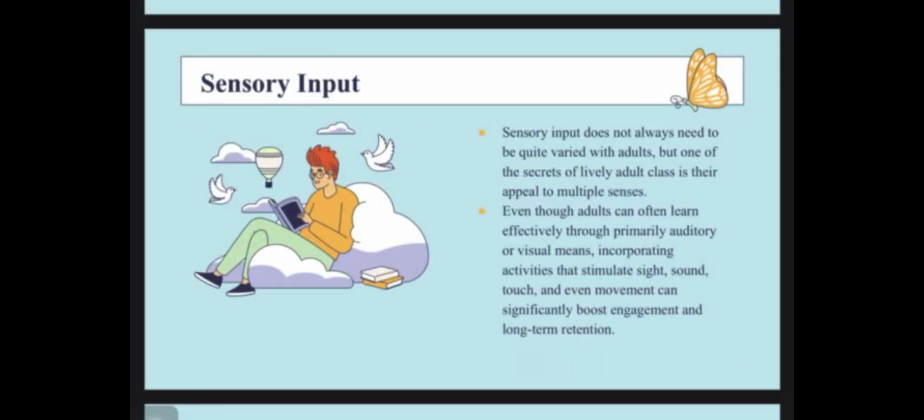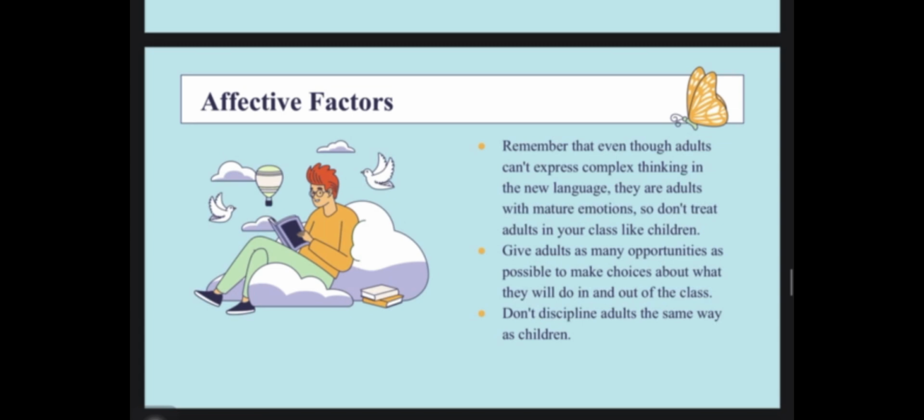The third key area to consider when teaching adults is sensory input. While adults often rely on listening and reading, adding variety such as discussions, role plays, and group work can help maintain their engagement. The fourth key area is affective factors.